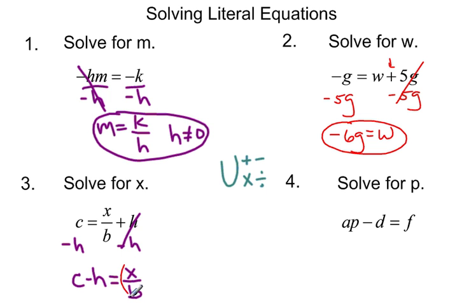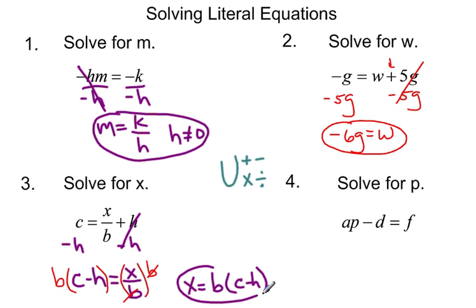To do that, we'll multiply by b, because that is its inverse operation. And we do it on both sides, as often referred to as the golden rule of algebra: whatever you do on one side of the equation, you must do to the other. So this answer is now x equals b times the quantity c minus h. You don't necessarily have to distribute that. Leaving your answer that way is fine.